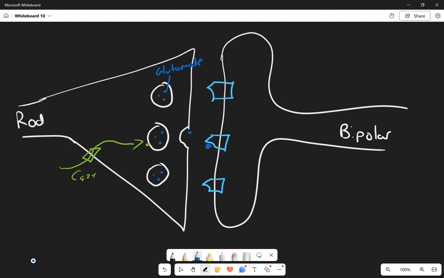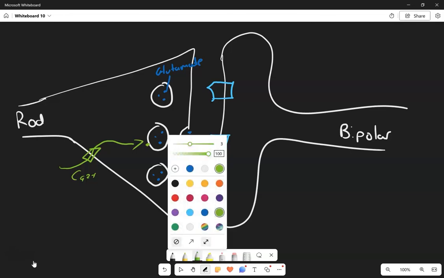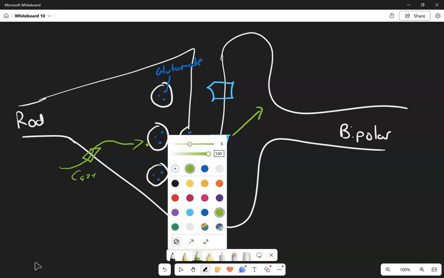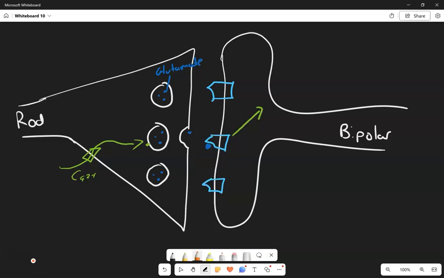Now, in this bipolar cell, the binding of this ligand to this receptor causes a signal transduction pathway which leads to the closure of a sodium channel over here.